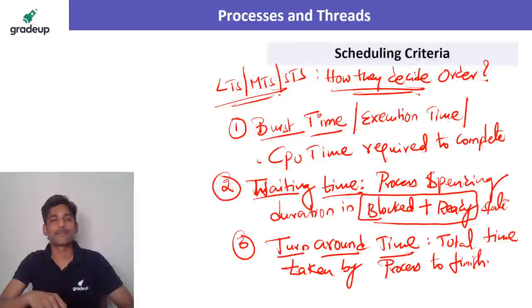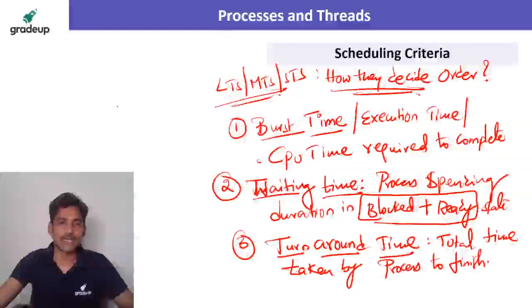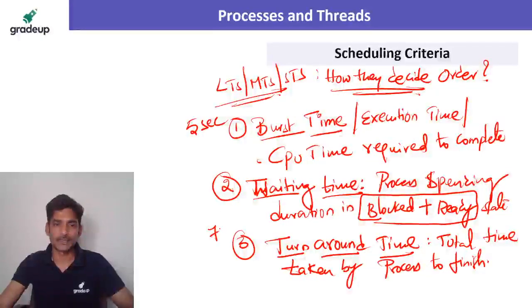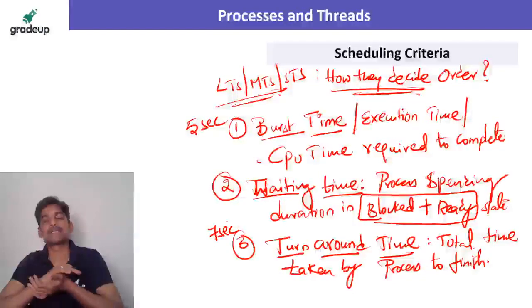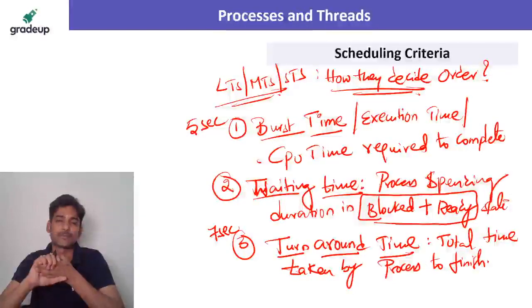The difference between burst time and turnaround time is this: let's say a process wants 5 seconds to complete, but it took 7 seconds to complete. What is the 2 seconds of time?